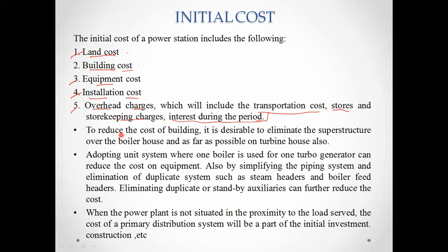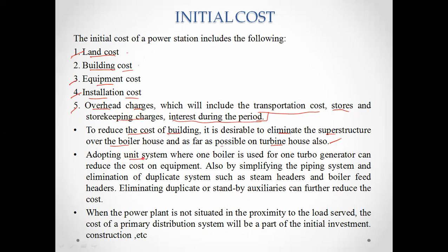If we want to reduce the cost of the building, what is desirable? It is desirable to eliminate the superstructure over the boiler house and, as far as possible, over the turbine house also. By eliminating the superstructure, the cost of the building may be reduced.